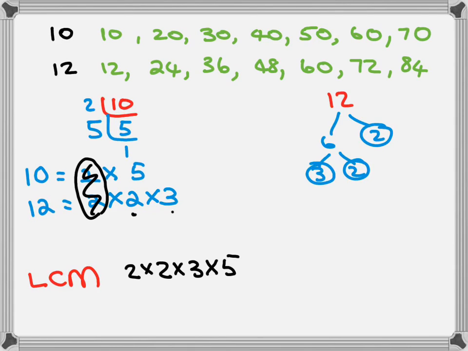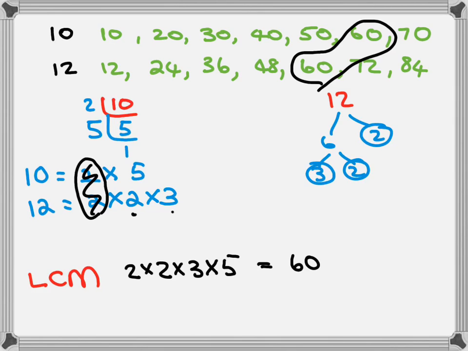And that's going to be equal to 2 times 2 is 4, times 3 is 12, times 5 is equal to 60. So you see we came to the same answer that was up here. Now you don't want to have to do this listing at the top every time. That's why we're teaching you the quick way to do this.